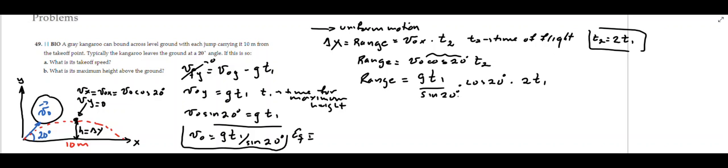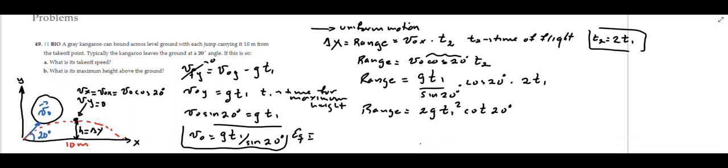Cosine of 20 over sine of 20 would be cotangent of 20, so the range would be 2 times g t1 square, because t1 times t1 would be t1 square, cotangent of 20 degrees.